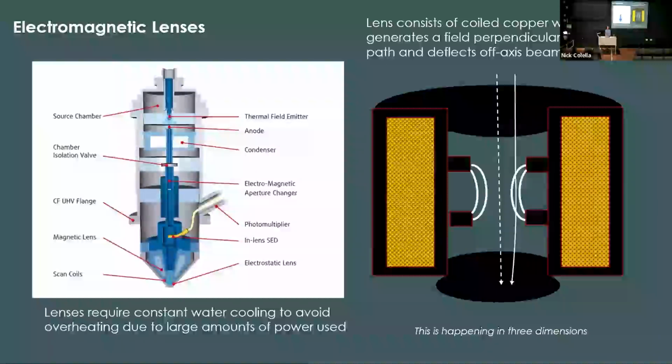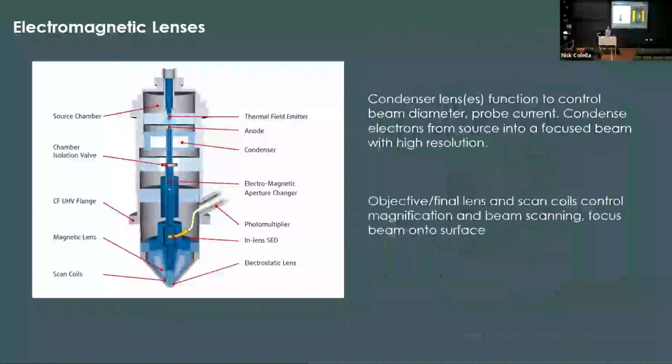So we can use this to help to set, for example, how far below the lens are we focusing it? How much are we condensing the probe current to a single point, right, to affect the current density? So a lot of things are happening within the column tied to the strength of these different electromagnetic lenses.